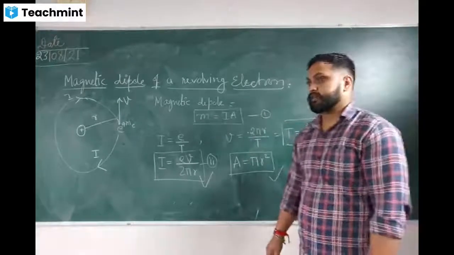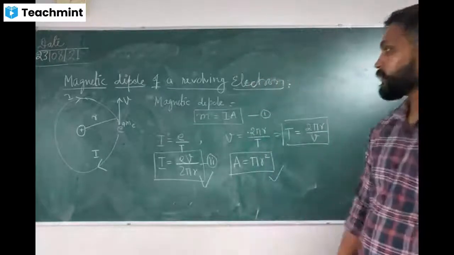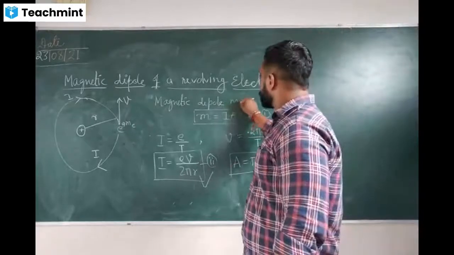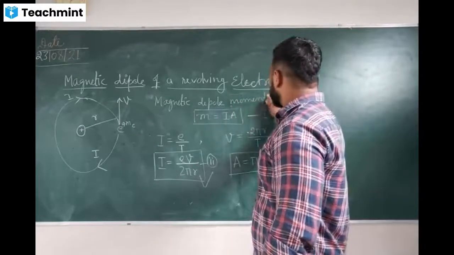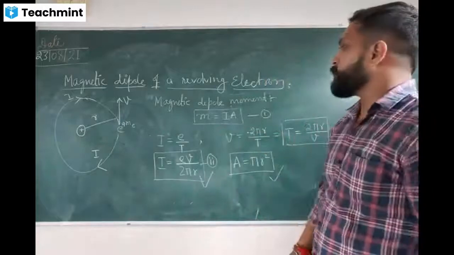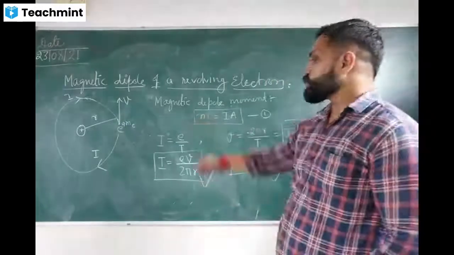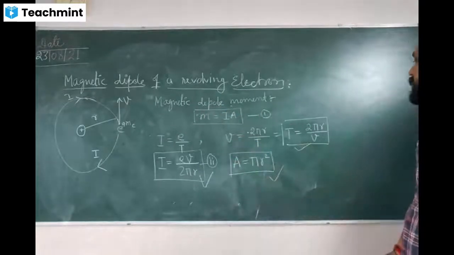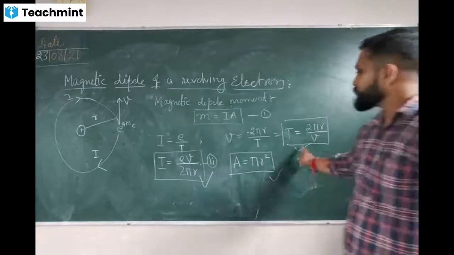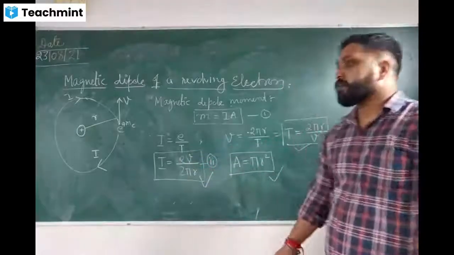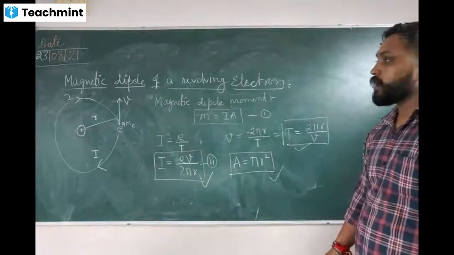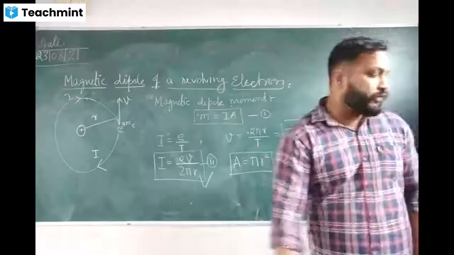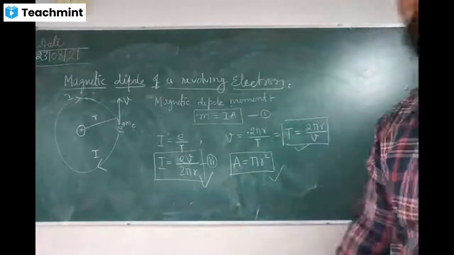In equation 1. Note everybody, the magnetic dipole moment, you can write moment here also. Moment will tell you the strength. So magnetic dipole moment M equals I into A. I equals charge per unit time. With the help of this, we can find the value of T. So T becomes 2 pi r upon v. Now just put the value of T over here, so I will become ev upon 2 pi r. So we have the value of I, we have the value of A. Just put the value of I and A in equation 1.